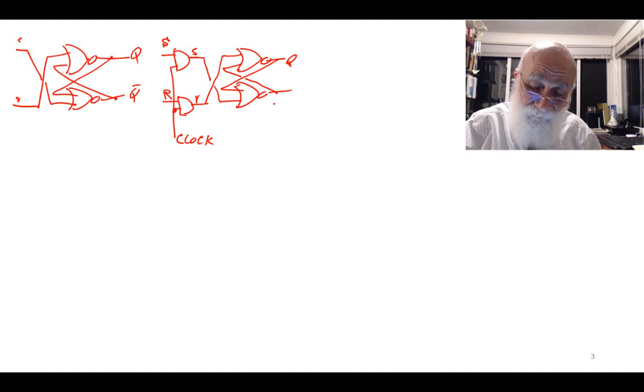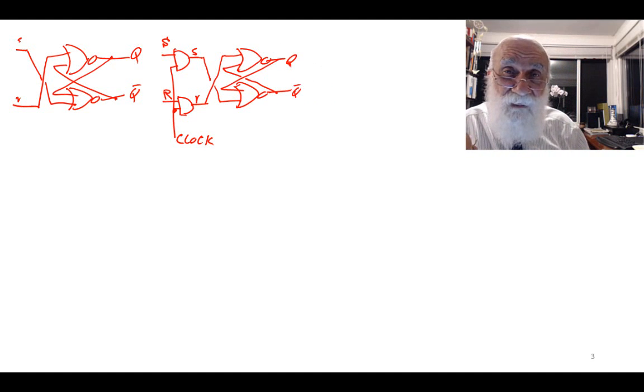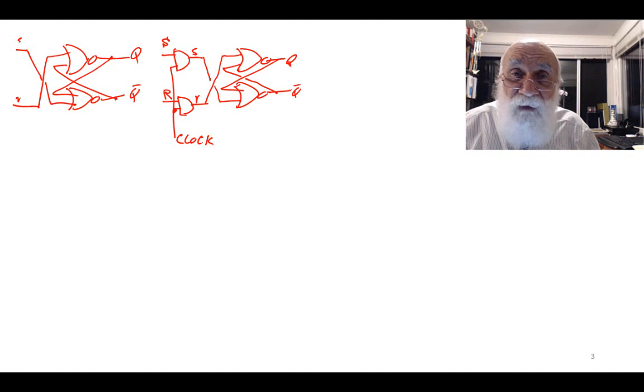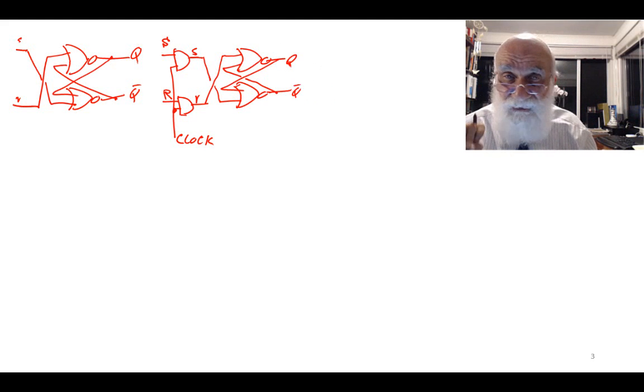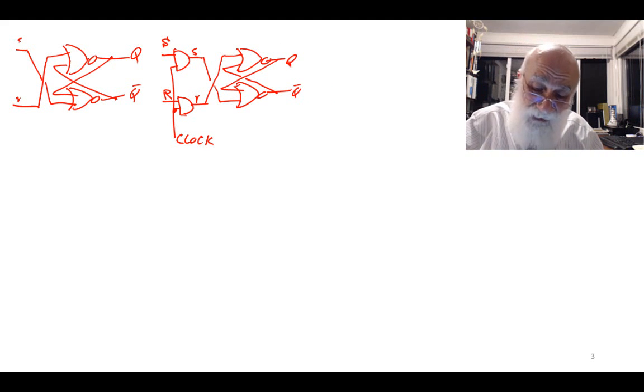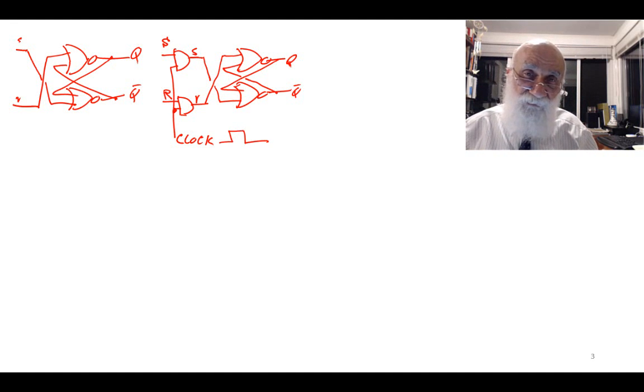Okay? What it means is this. This structure remembers whatever was on the capital S and R at the time that I clocked my circuit. At the time that I put such a pulse on the clock input of my circuit.